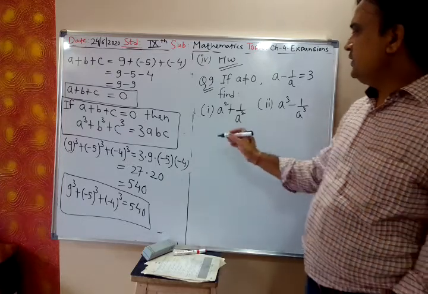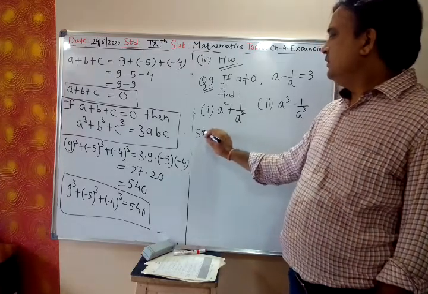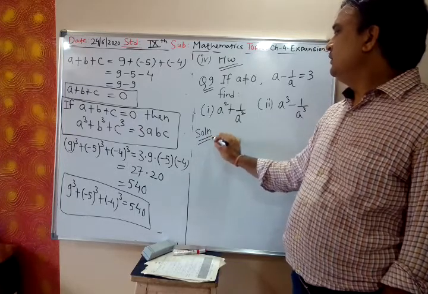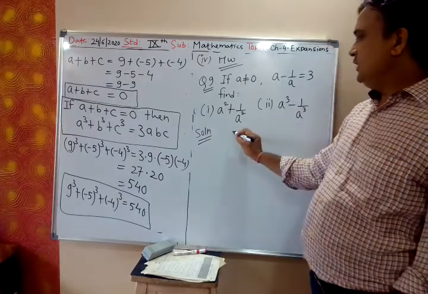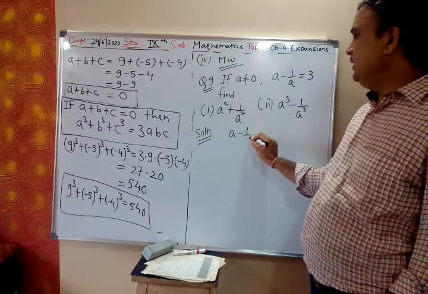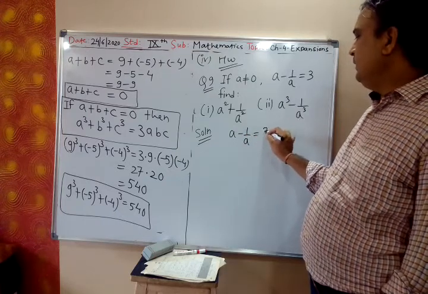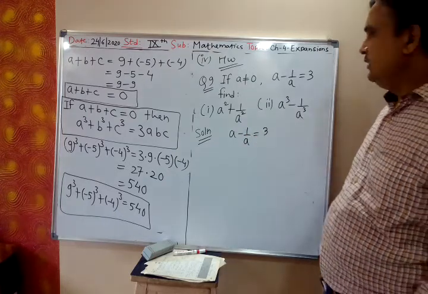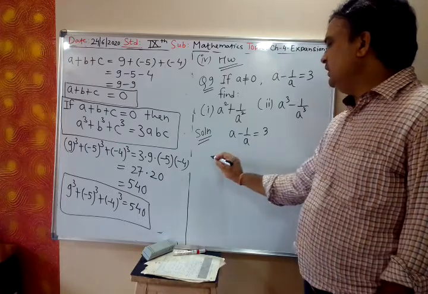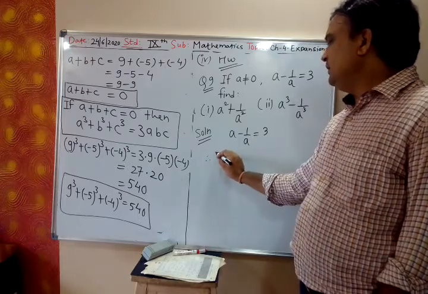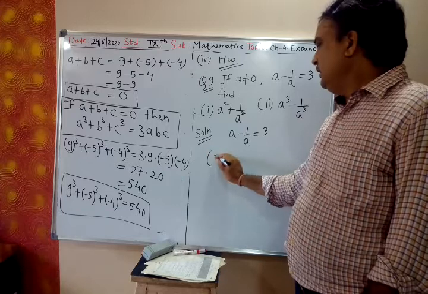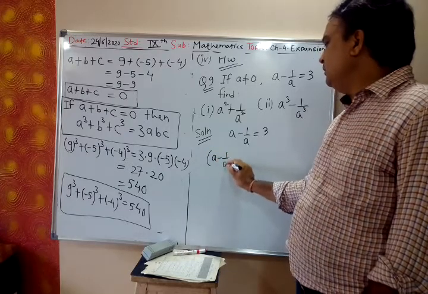So let us solve this. Solution. It is given A minus 1 upon A is 3. Squaring both sides, you will get A minus 1 upon A whole square.